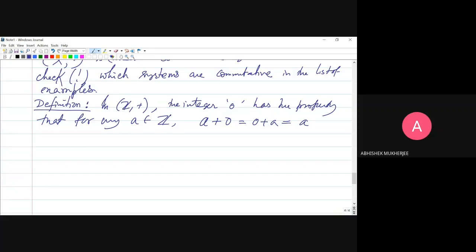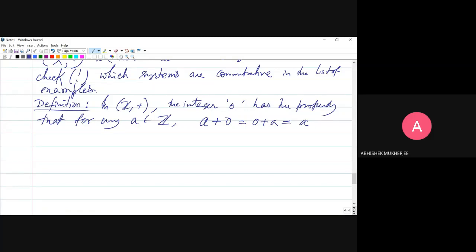And not only that, 0 is the only one having this property. There is no other element in Z with respect to plus which has this property, a plus 0 equals 0 plus a equals a.